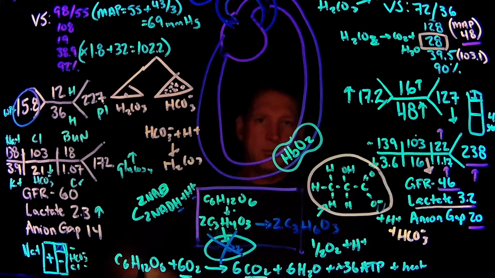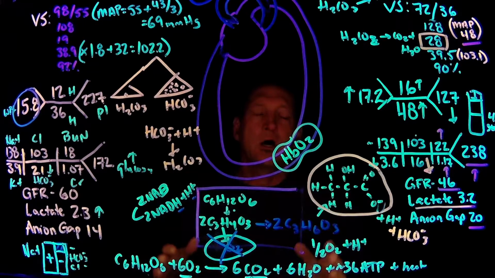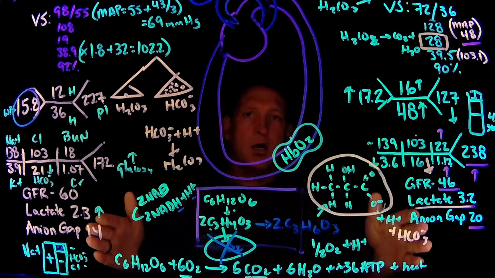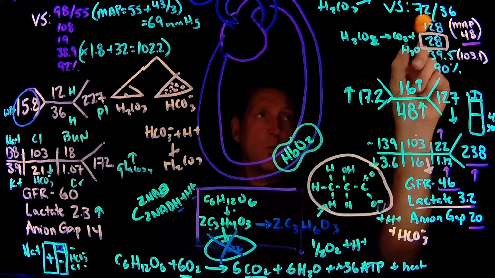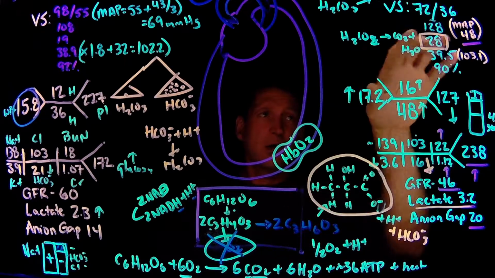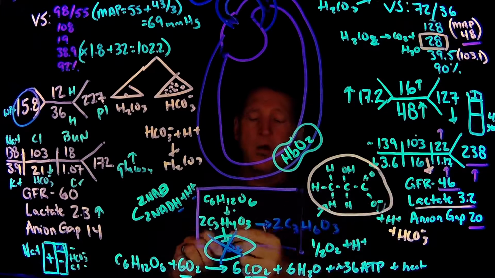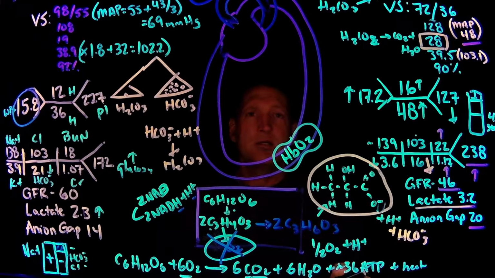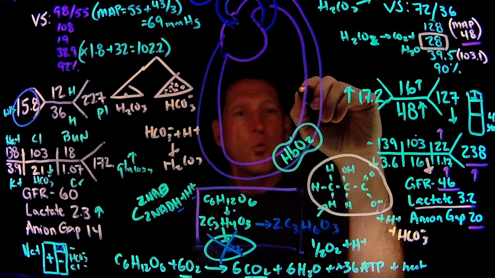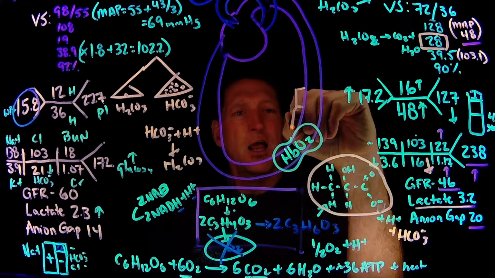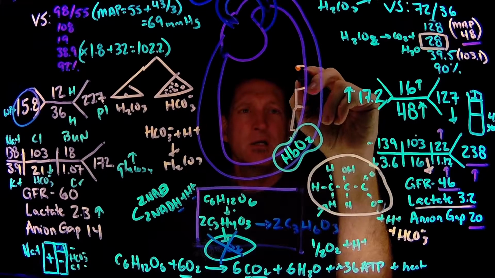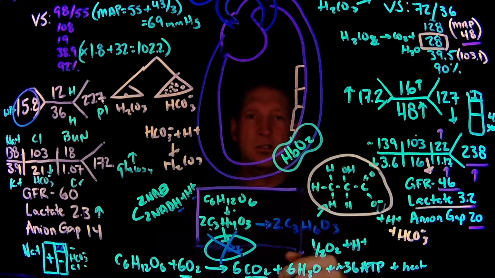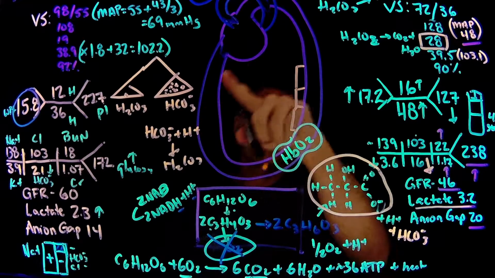But there are some problems taking place now because I am in full-on septic shock. So why? We look back up here at these. My volumes are dropping. One of the reasons that I am not getting good perfusion pressures is because the bacterium has caused an inflammatory reaction within the vessel.